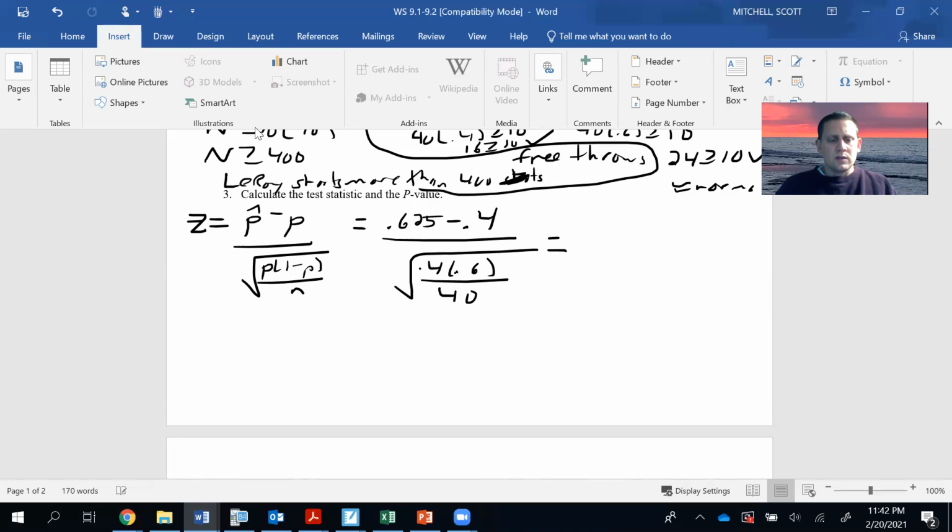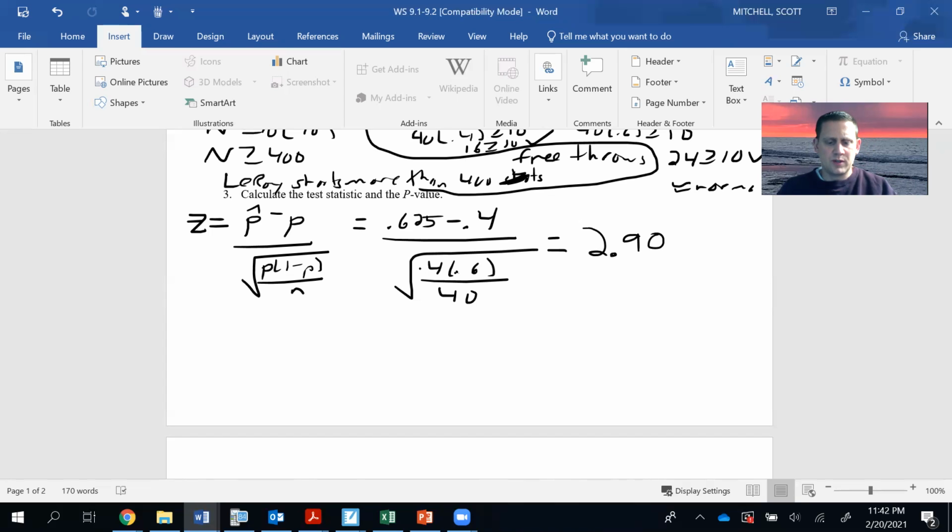Okay. So using my calculator, 0.625 minus 0.4 divided by the square root of 0.4 times 0.6 divided by 40. 2.90 is what I got. Okay. Hopefully that is correct. All right.